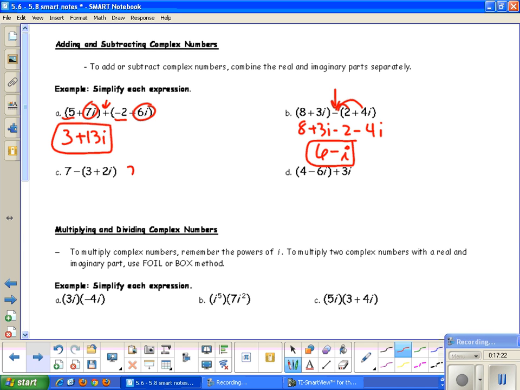So over here, same thing, 7 minus 3 minus 2i, don't forget to distribute that negative, and combine your like terms, so this would be 4 minus 2i. And for the very last one, same thing, I don't have to worry about distributing anything, so this ends up being 4, and then negative 6i plus 3i gives me minus 3i.